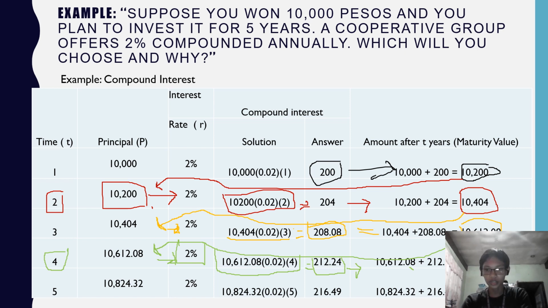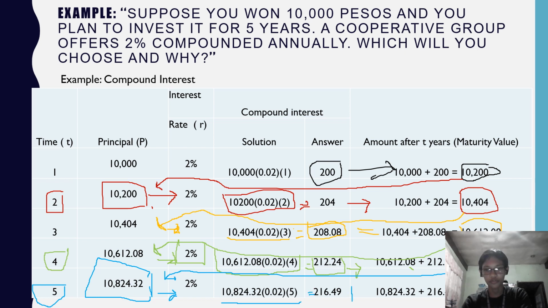Then 10,824.32 will become the new principal in the fifth year. In the fifth year, it will again be multiplied by 2%, 5 times. So the solution is 10,824.32 times 2% times 5, which is equal to 216.49.